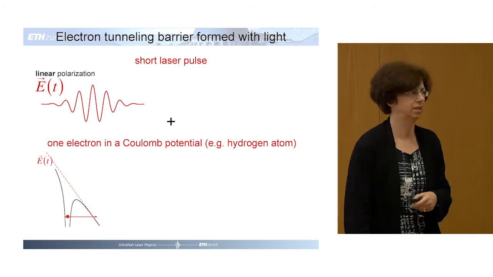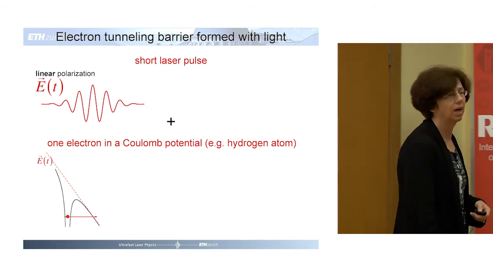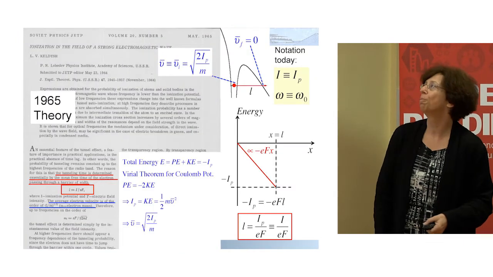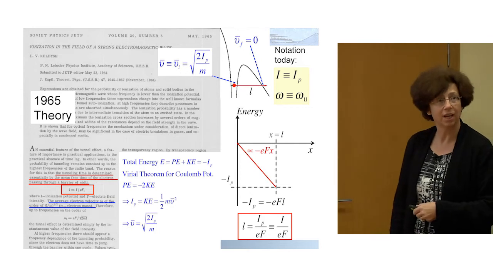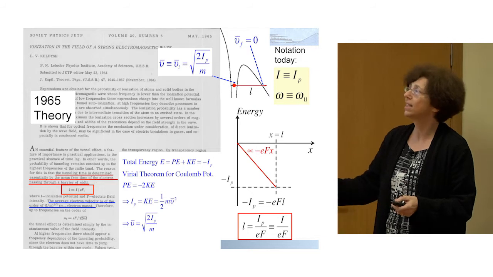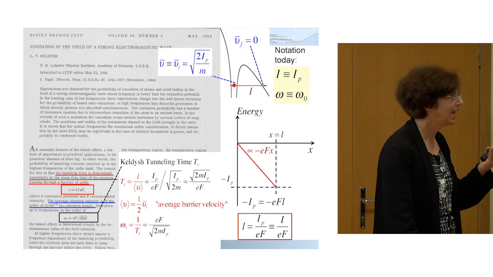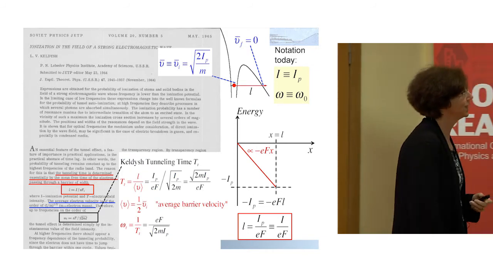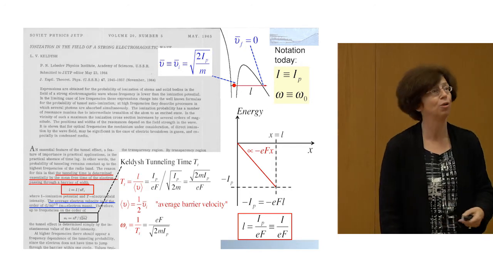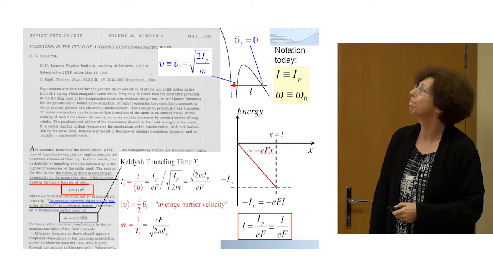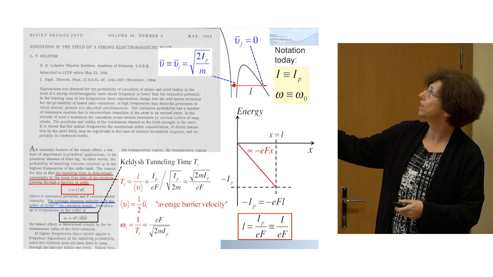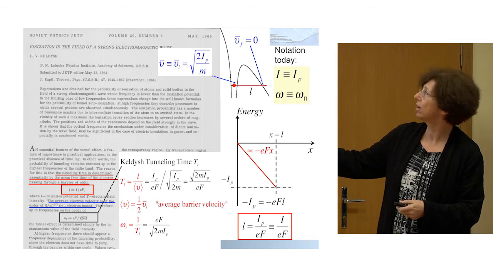And there was a theoretical prediction, which goes back to Keldysh in 1965, who predicted such a tunneling time induced by the light. Of course, at that time we didn't have this strong laser light to do this experiment, but he proposed the so-called Keldysh tunneling time, and he just used a linear approximation of this tunnel barrier, a triangular approximation.